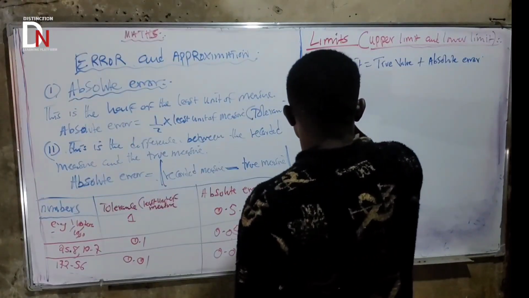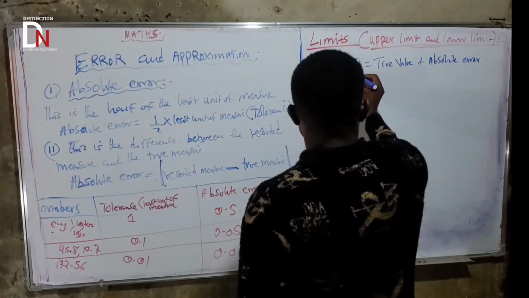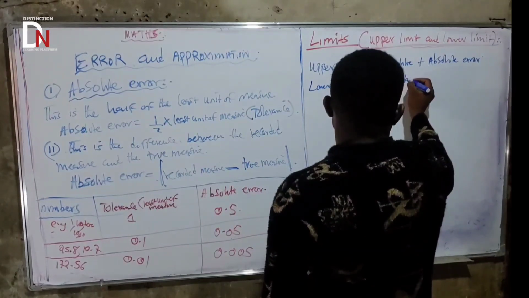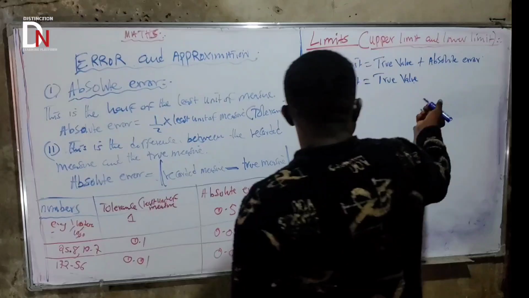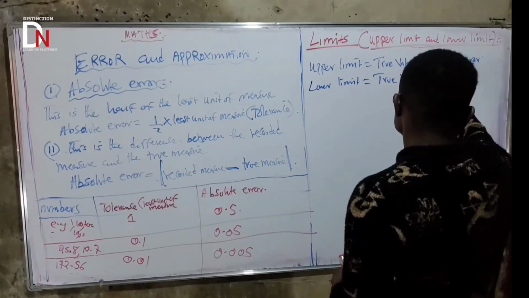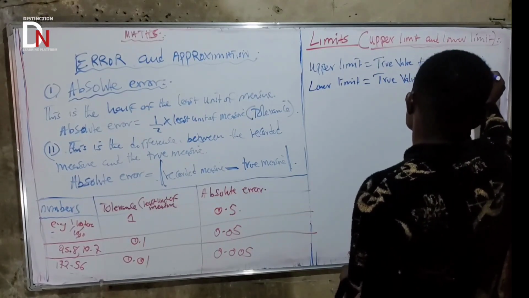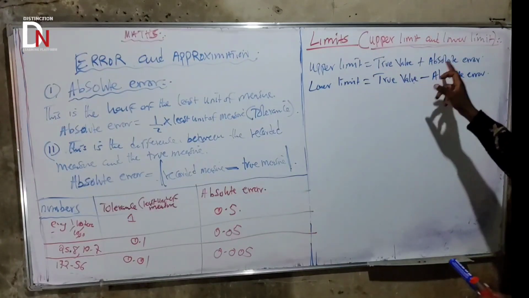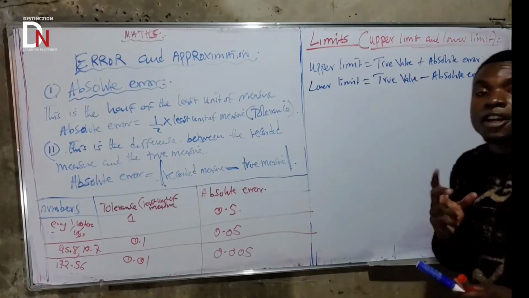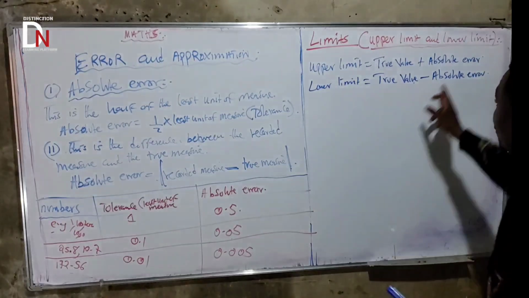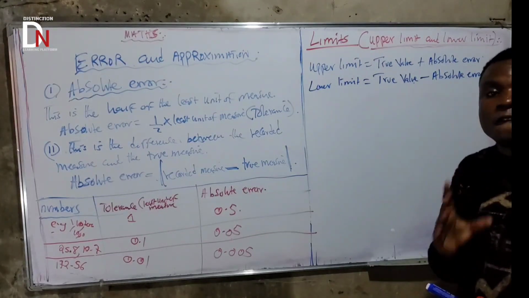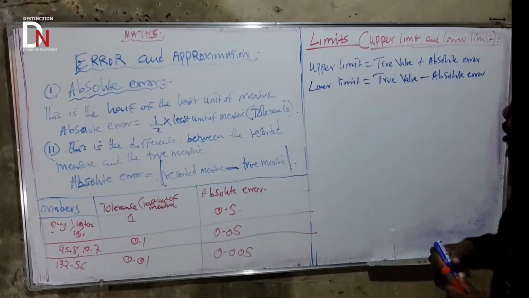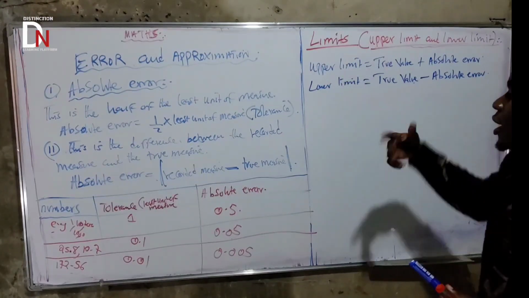For the lower limit, we use the true value or true length or true measure minus the absolute error. So as you can see, knowing how to find the absolute error is very, very important. That's how we find the upper limit and the lower limit.